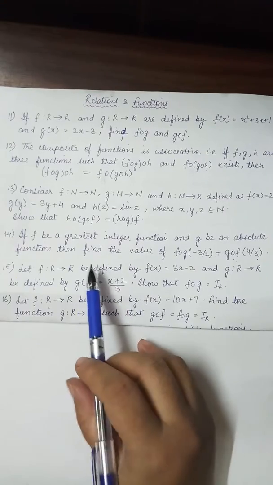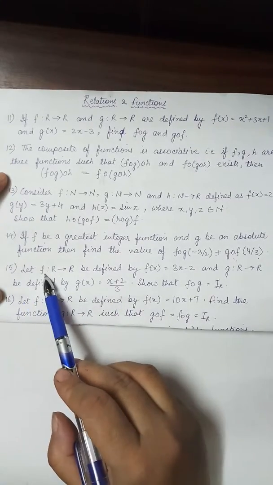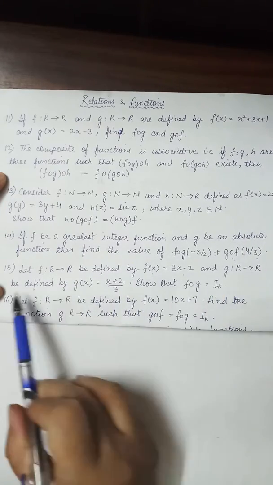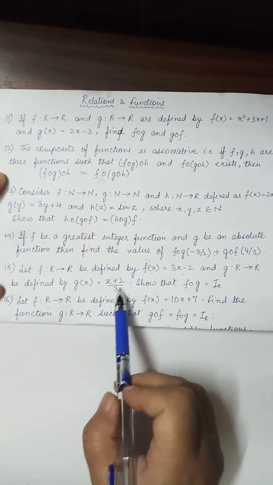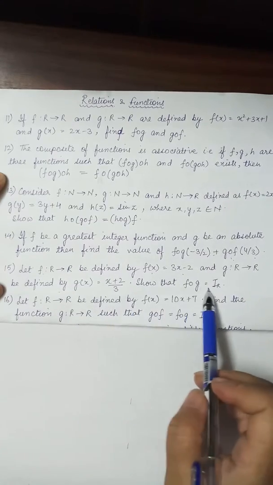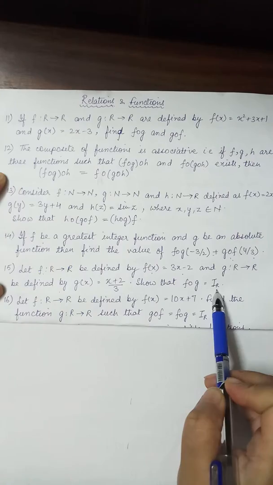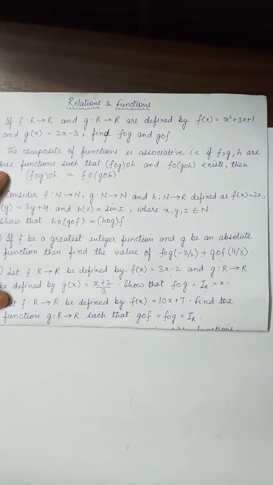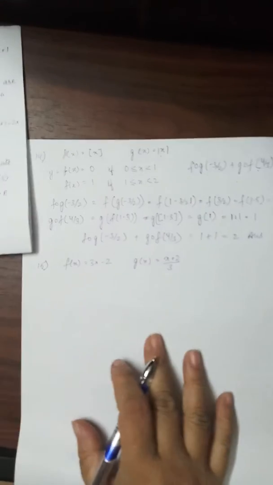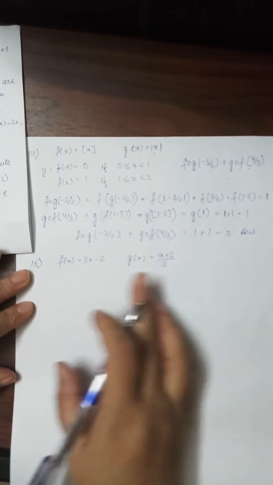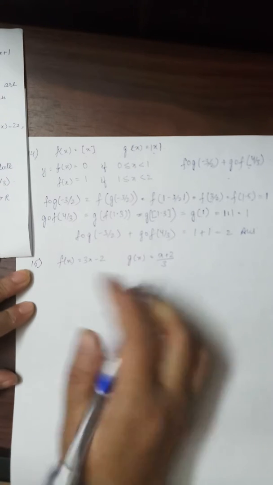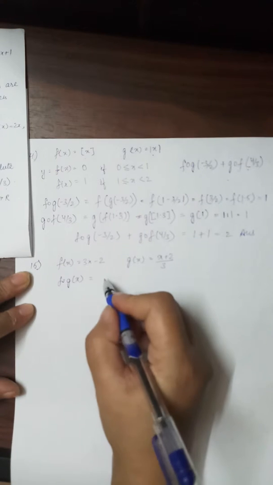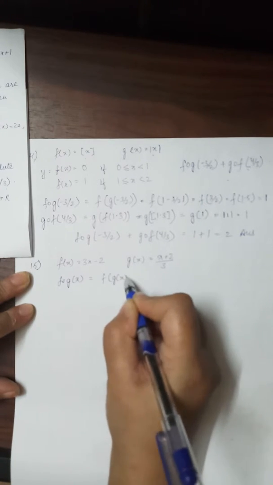Now the next sum, question number 15. If f is a function from R to R defined by f x equals 3x minus 2, and g is a function from R to R defined by g x equals x plus 2 by 3, show that f o g is I R, that is the identity function, right? This means it should be equal to x. Now f o g of x will be written as f of g x.